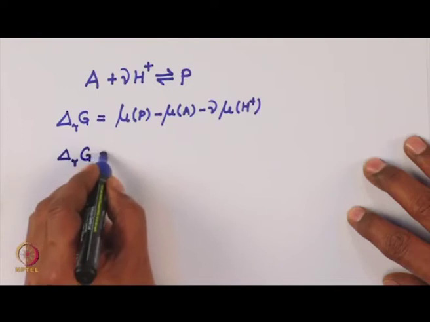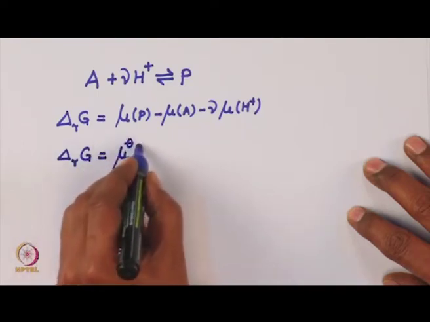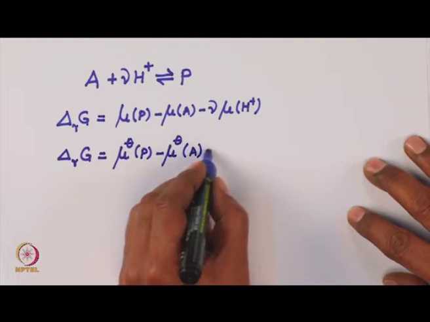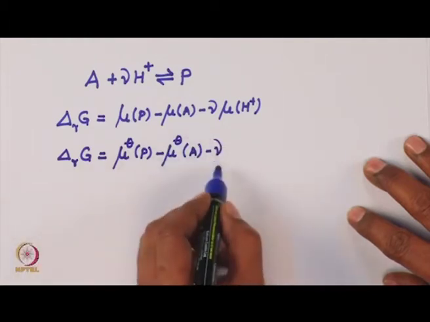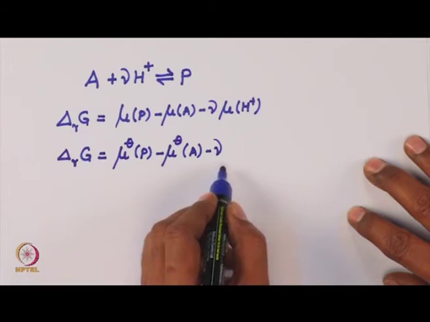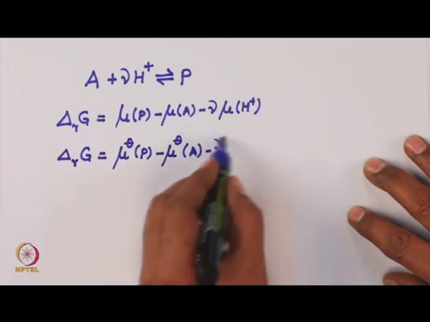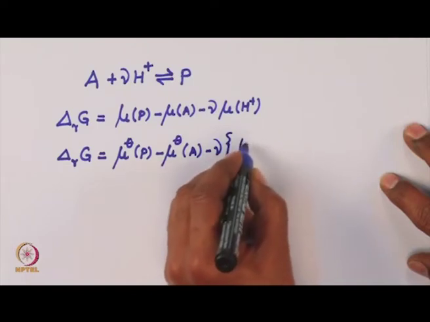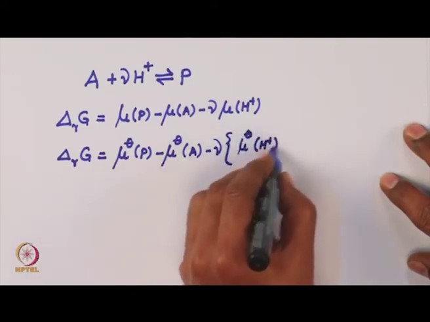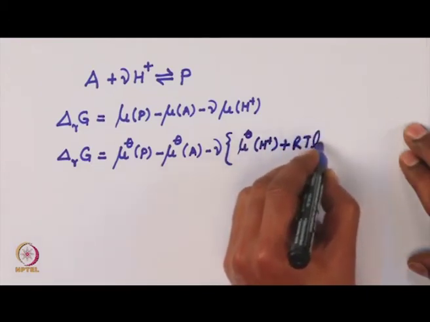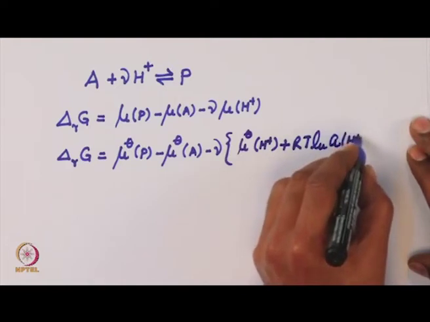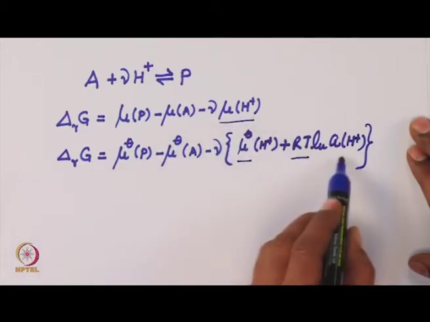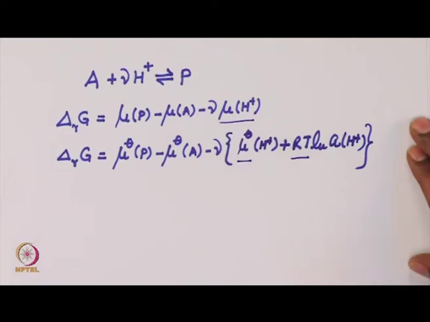In that case, delta R G will be equal to mu naught P minus mu naught A minus nu, this is the stoichiometric number, and in place of mu H plus, I will write mu naught H plus plus RT log activity of H plus, because we know that mu is equal to mu naught plus RT log a, that we have discussed in one of the previous lectures.